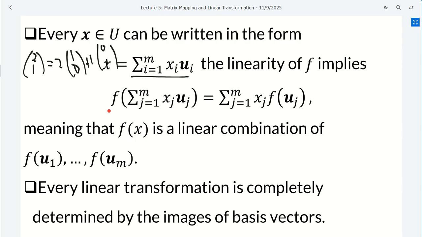Now I want to apply a transformation to my vector, and we saw that instead of applying the transformation to the vector, let's apply the transformation to the basis instead. So instead of applying the transformation to the vector (2, 1), why don't we apply the transformation to the basis first? I can have f of (1, 0), and then another f of (0, 1).